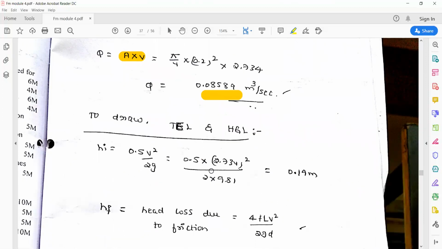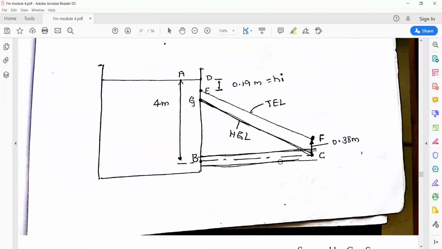In one more part, they have asked you to draw the TEL and HGL, the total energy line and the hydraulic gradient line. To draw them, you again need to redraw the tank and the pipe. First you can draw the total energy line.